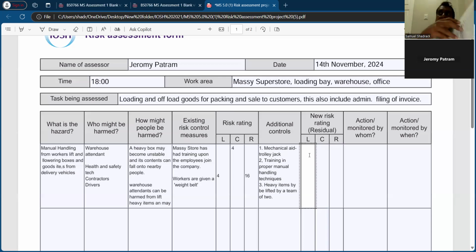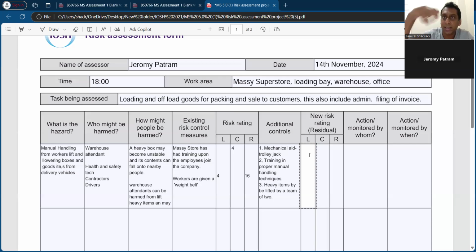Now we are using a mechanical aid, but we didn't say what it was. If it was a hoist as opposed to a trolley jack, the hoist would have lifted the thing for us and put it onto the crate. But we didn't say that. We said a mechanical aid such as a trolley jack. Probably better answers would have been a lever, a hoist, a chain with some kind of lifting mechanism.